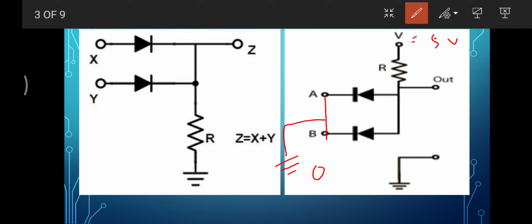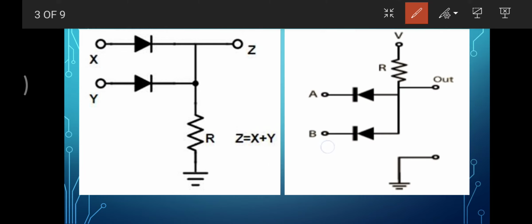Because there is a high potential and there is a low potential, and when there is a low potential, it means that the diode is now forward biased, and as we are considering the diode is ideal, the voltage appearing at this end will appear at this end, and hence it will be 0 volt. So all the voltage drop would be across the 5 volt resistor, and the output would be 0 volt, right?